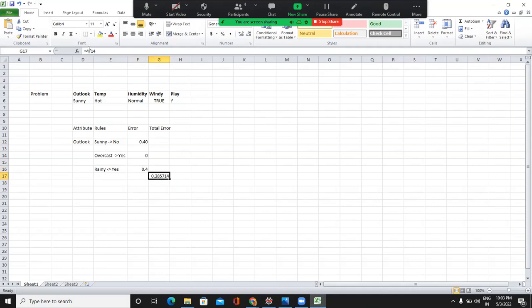So 4 by 14 is the total error. This will be a mistake if we just add these 3 errors. So please be careful that we add the numerators separately and denominators separately. Out of the total number of cases, how many errors will there be if we choose this rule? This will be the minimum number of errors in Outlook.